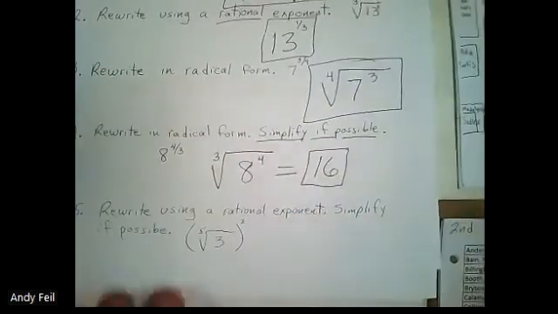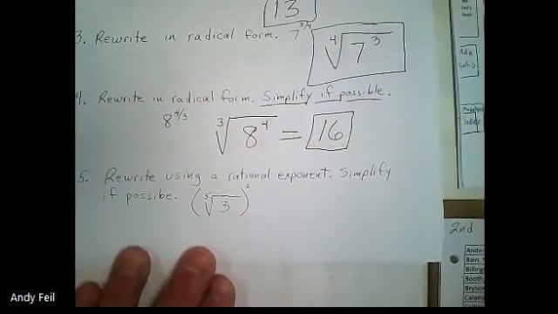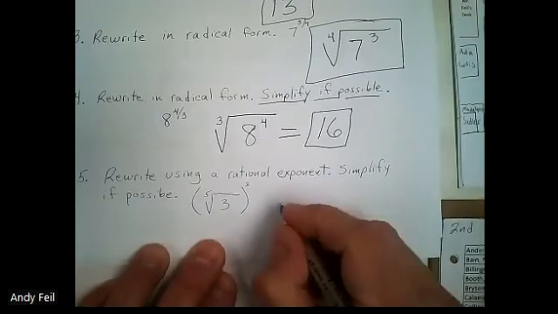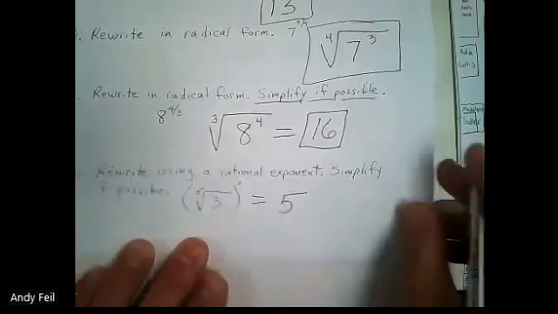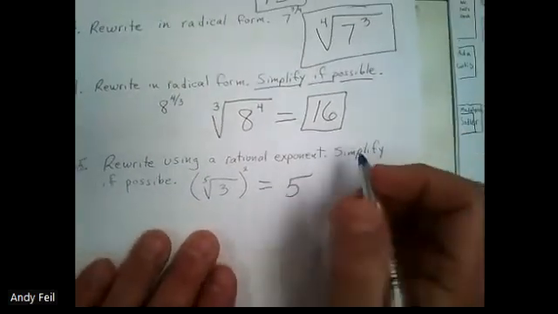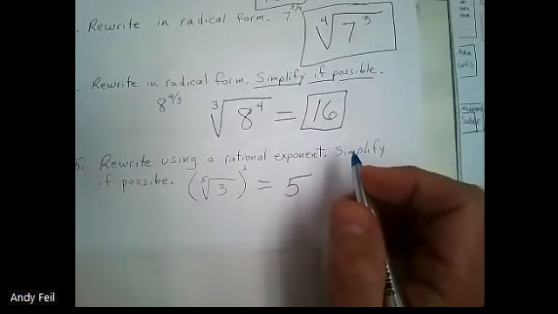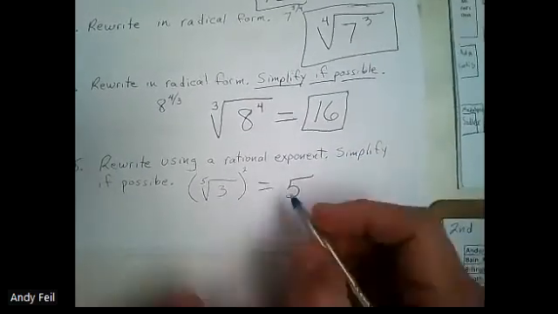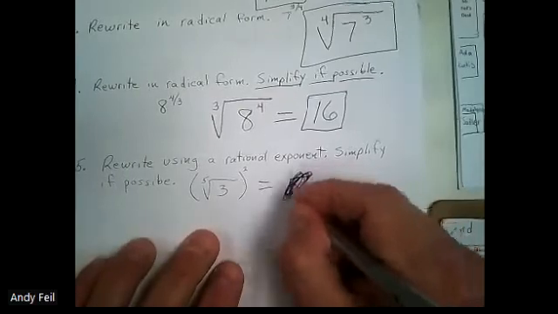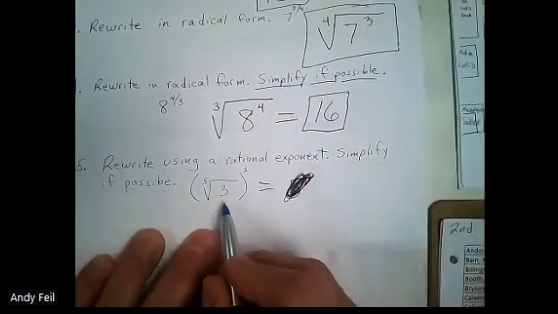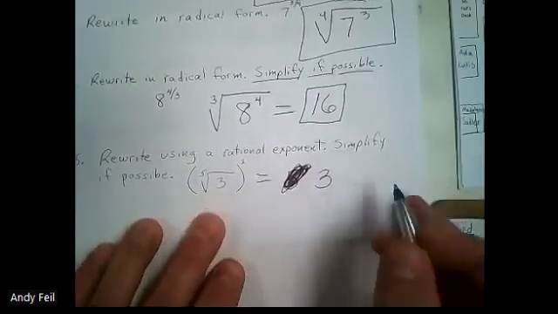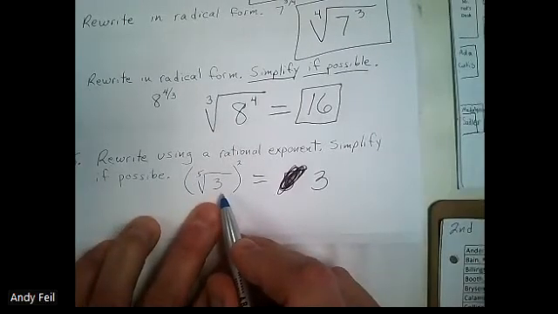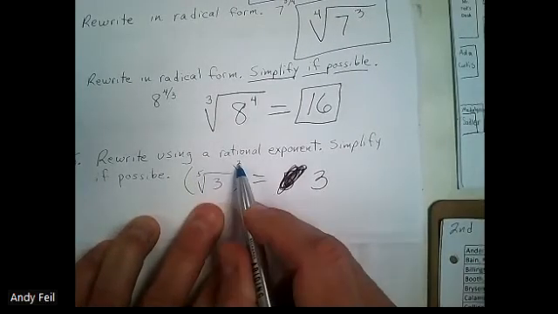Okay. Rewrite using a rational exponent. Well, now we're going the other way. This is 5 to the what power? Ooh, 5. What am I doing with a 5 there? Okay, I was confusing. I was wondering why you were all looking at me funny. This is 3 to the what power? Is it 2 over 5 or 5 over 2?